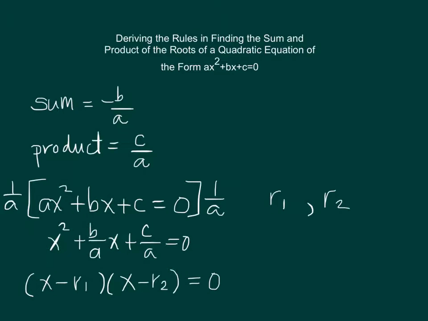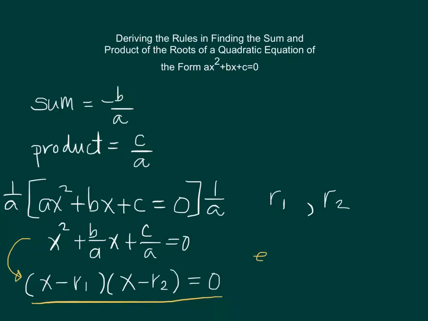Now, this is very critical in understanding how the rules were derived, because we have to take note that x minus r1 times x minus r2 is just the factored form of x squared plus b over a x plus c over a is equal to 0. Since it is the factored form, they must be equivalent.